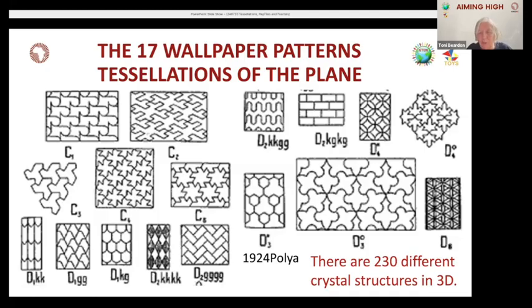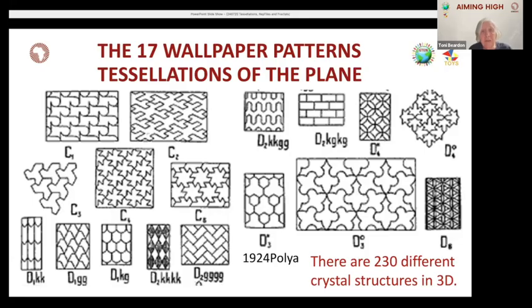All 17 are in the Alhambra? Oh yes, definitely. I didn't know. It's very clear that the artists at the time understood that there were 17 and took pains to show them all. And so they understood the mathematics behind it.